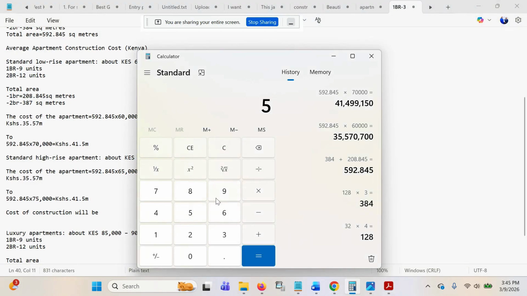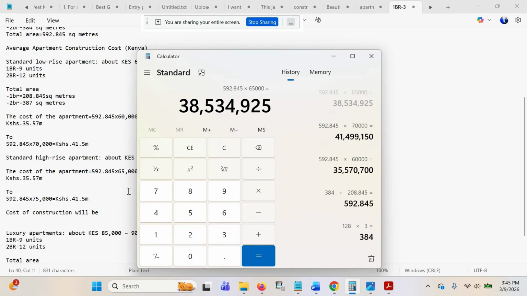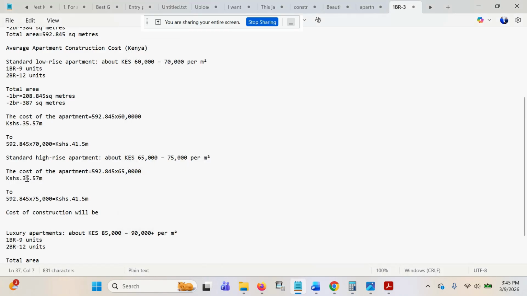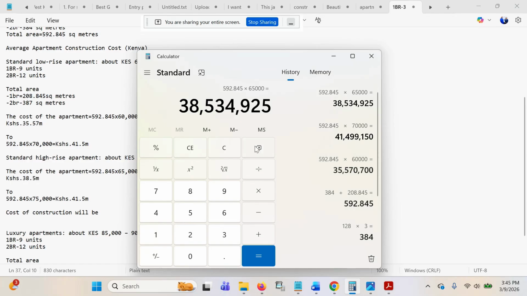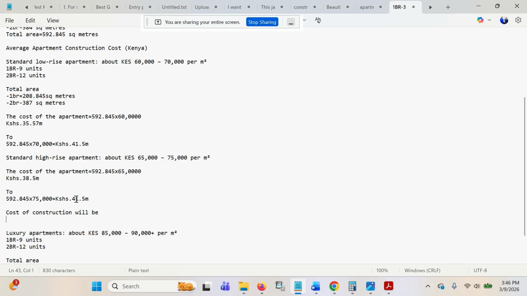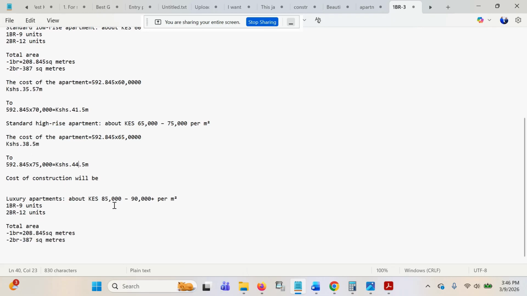That will take you to 592.845 times 65,000, which is 38.5 million, to 592.845 times 75,000, which will be 44.5 million.